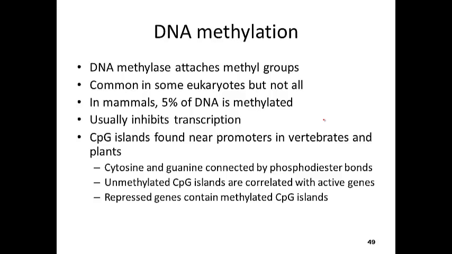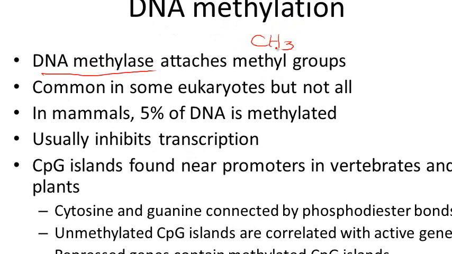Let's talk about methylation. There's an enzyme called DNA methylase that adds methyl groups to specific targets. These are common in some eukaryotes. If you look in mammals, for example, 5% of the DNA is methylated. When you add the methyl groups, it causes the DNA to be in a closed conformation, which ultimately will inhibit transcription.